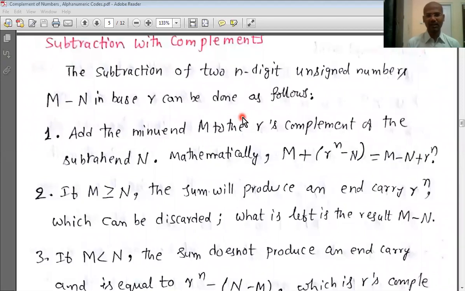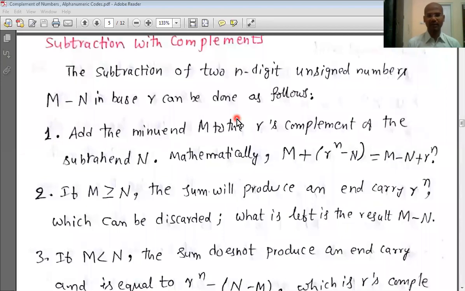The same thing can be done for complements in other systems, either binary, octal or hexadecimal. In binary in particular, you can do it in a simpler way. If a number is given, to get the ones complement, we turn all ones to zeros and zeros to ones.